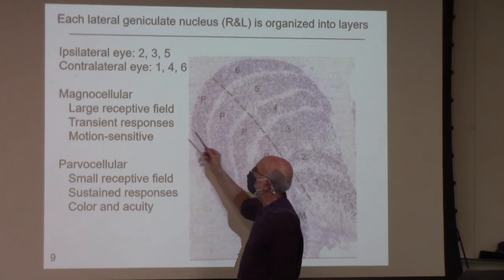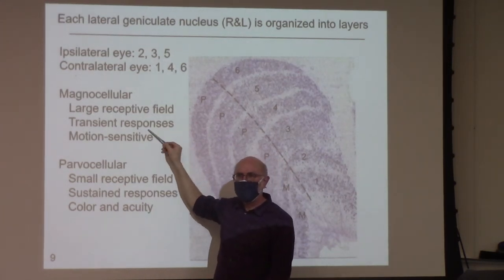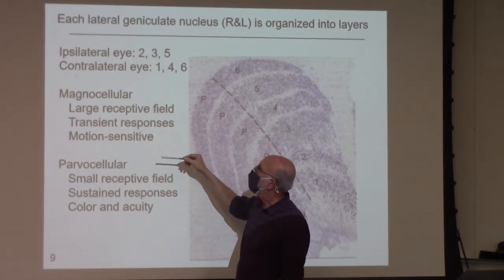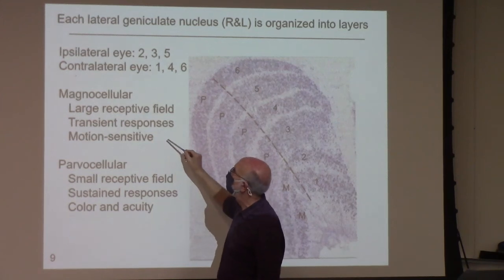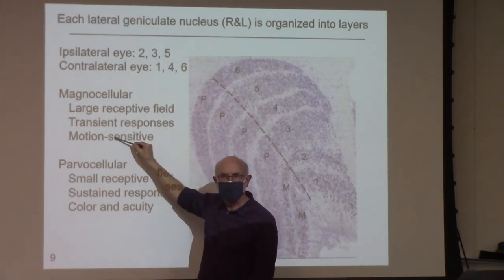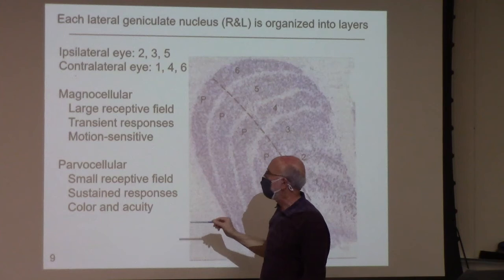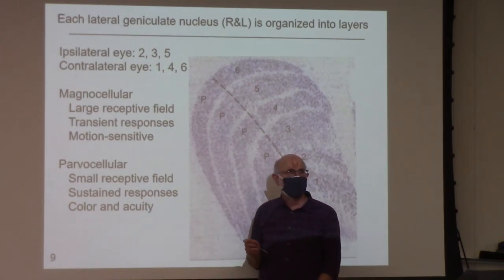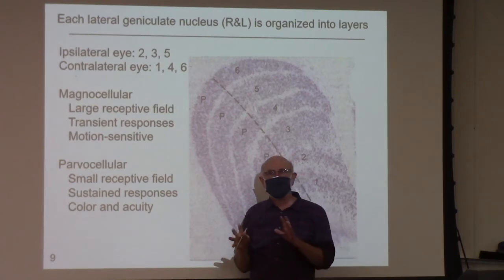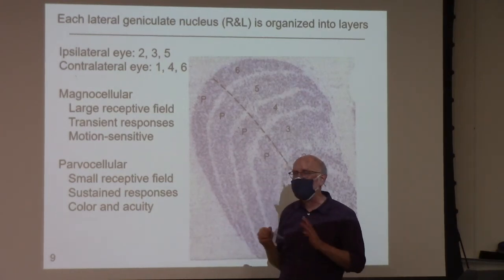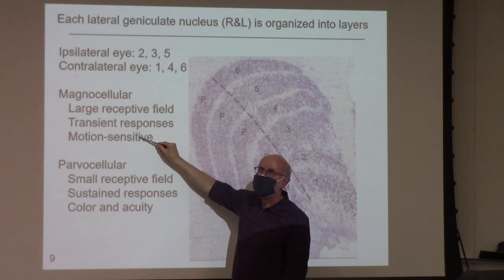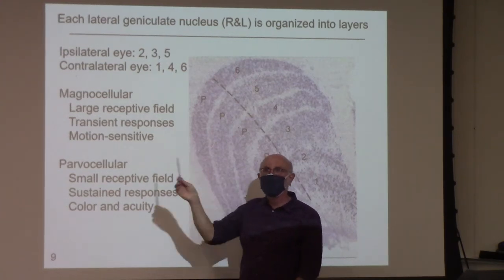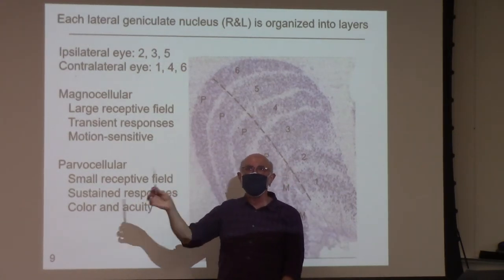So some of the cells in the thalamus are sensitive to motion, and some of them are specialized for sharpness and color. There's separation, so in the thalamus, we start to separate processing of an image that is moving.